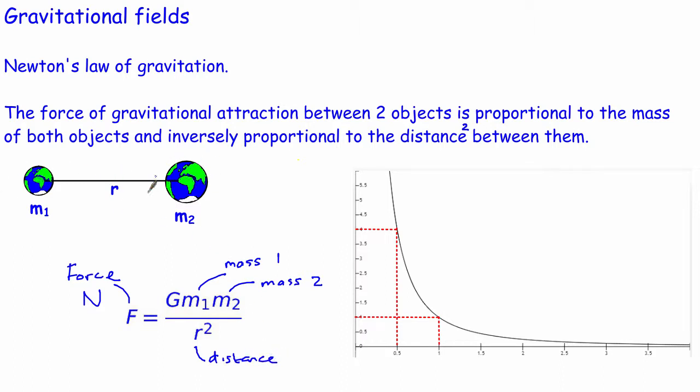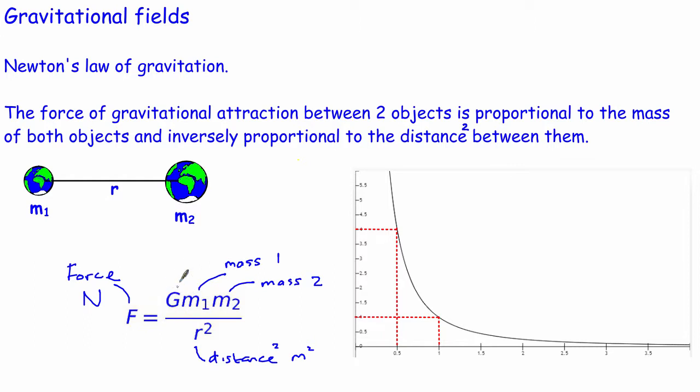If these are extended objects, like planets, then we would measure the distance from the center of this planet to the center of this planet, not from the edges. So it's from the center to the center. We've got r squared, so the bottom is the distance squared, and the whole of the bottom would be measured in meters squared.